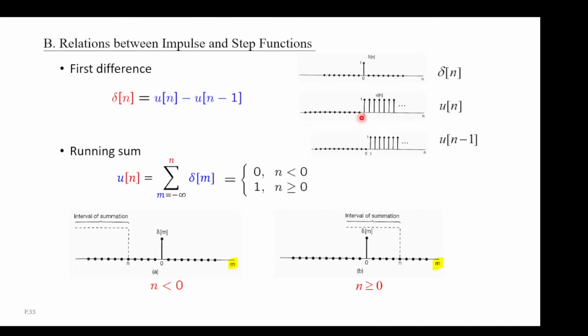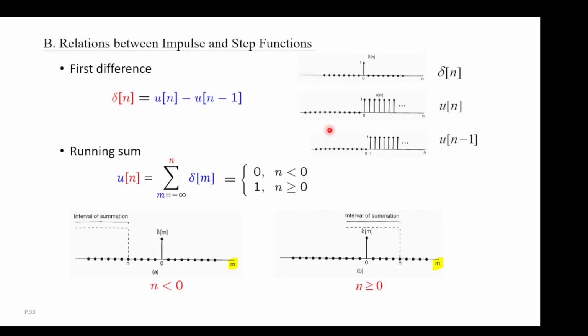At n equal to 0, it's 1 minus 0 equal to 1. And for n bigger than 0, this is 1 minus 1 for every n bigger than 0. So you see that everywhere else, u[n] and u[n minus 1] cancel out, and the signal left over is just this impulse at n equal to 0.